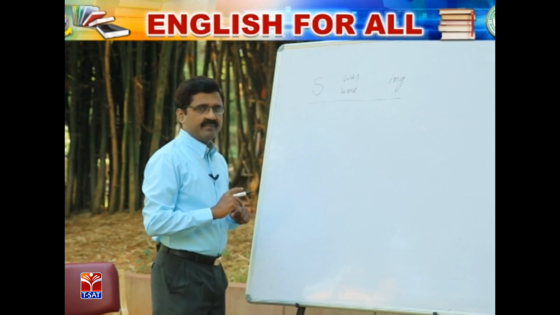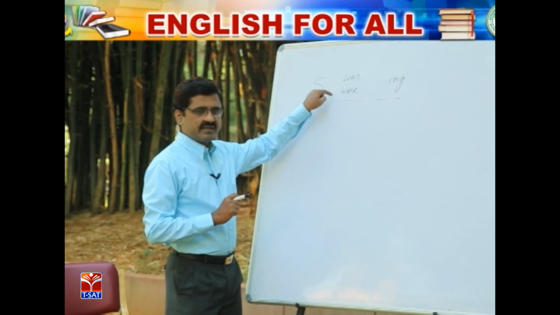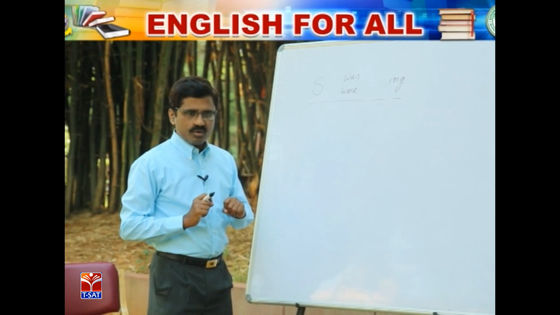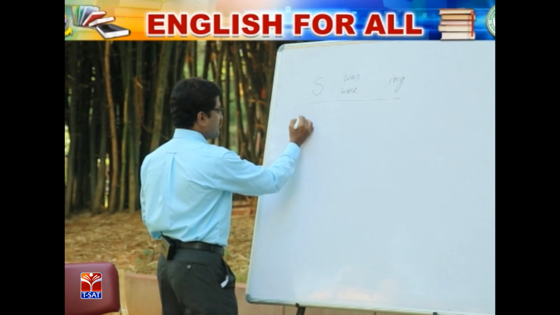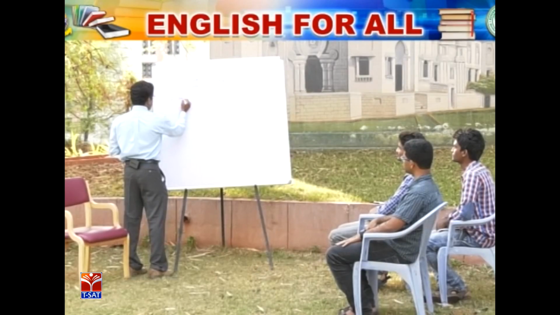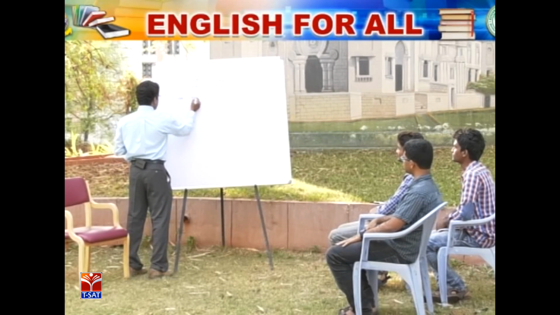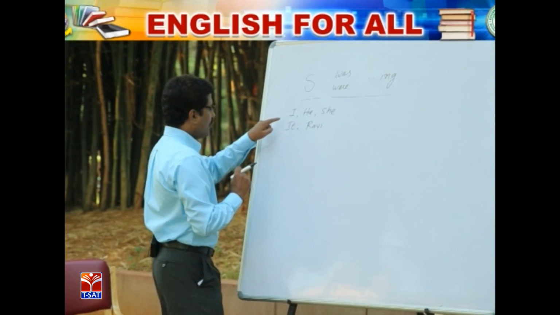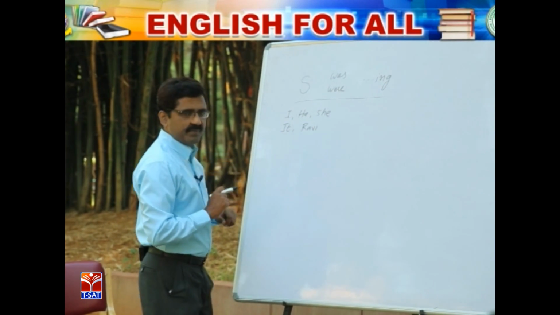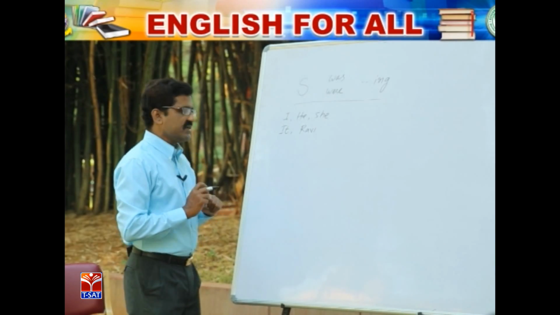Now you may ask me, why do we have was and were two? Why not only one? The reason is, if the subject is I or he, she, it or any singular name, what is common among these five people? Singular. They are all singular.